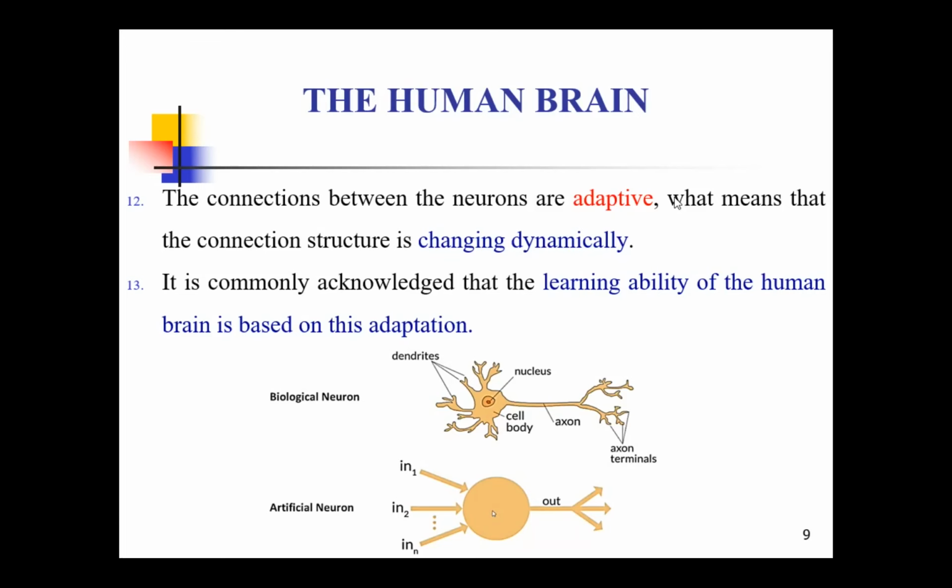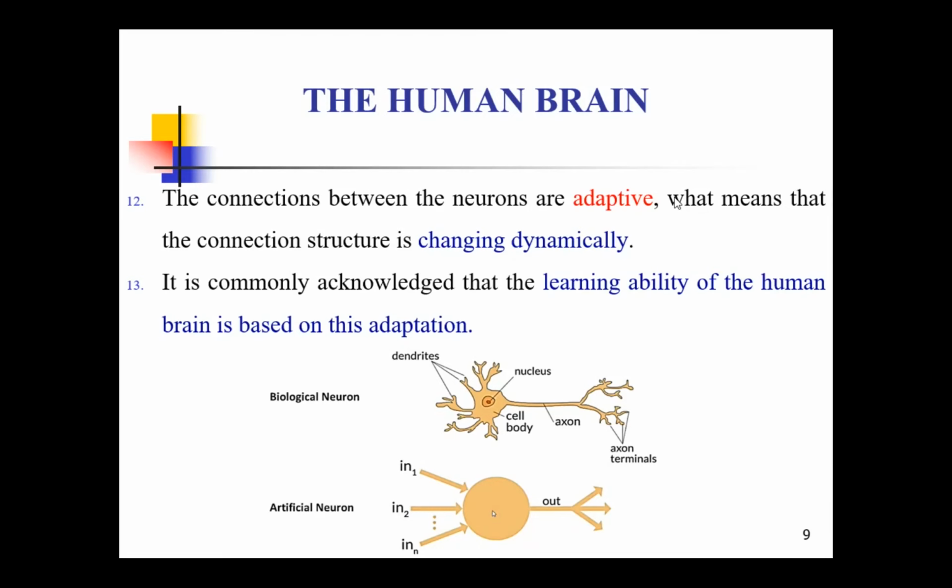The dendrites provide the input information. So I am going to have input 1, input 2 and input 3, which resemble the dendrites. The nucleus and the cell body is the structure that we are going to have, which is based on a function. That we'll see in the subsequent slides. That is a network.